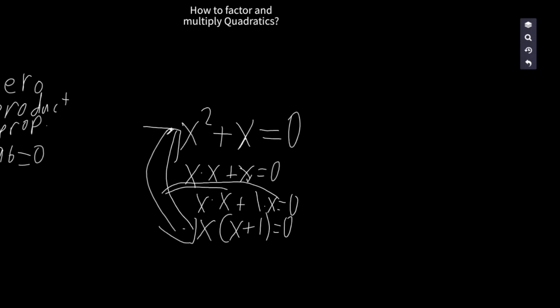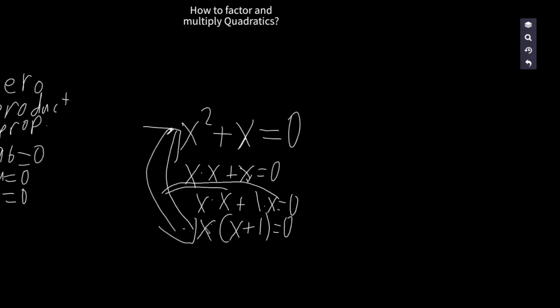Because if either one of them is 0, then the entire thing is 0. So either A is 0 or B is 0. It doesn't need to be both of them, because let's say A is 7 and B is 0, then that still multiplies to 0. So both of them don't need to be 0, but at least one of them needs to be 0.